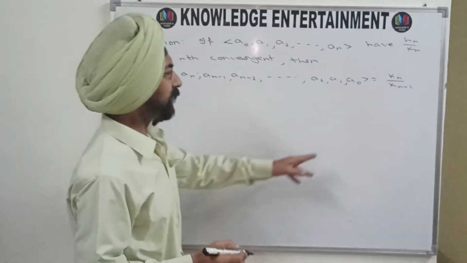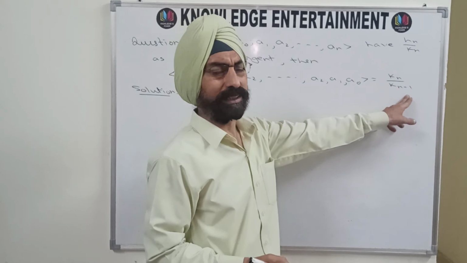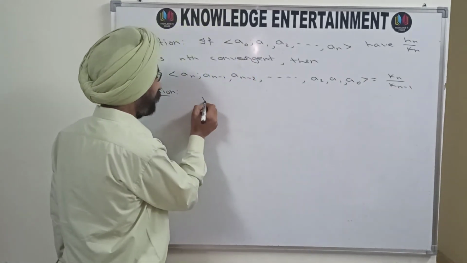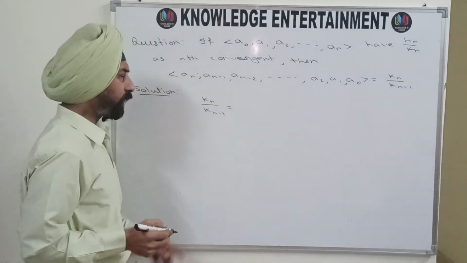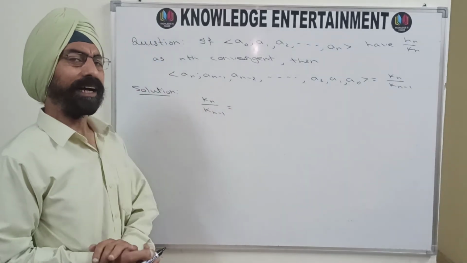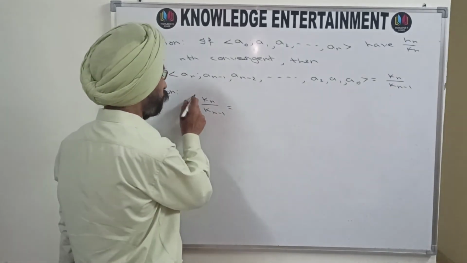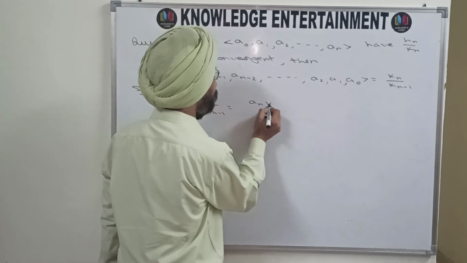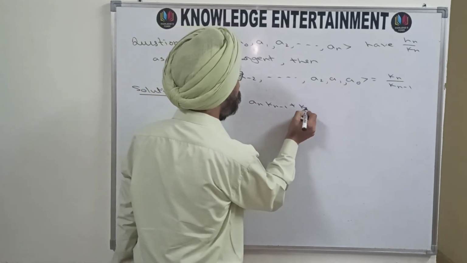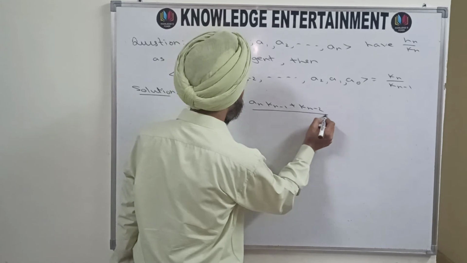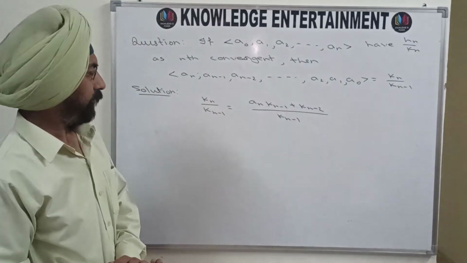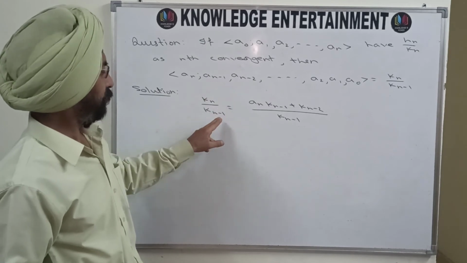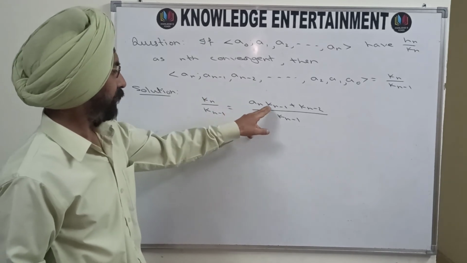I'm starting from k_n upon k_{n-1}. For this k_n, apply the recursion formula. It becomes a_n k_{n-1} plus k_{n-2}, divided by k_{n-1}.